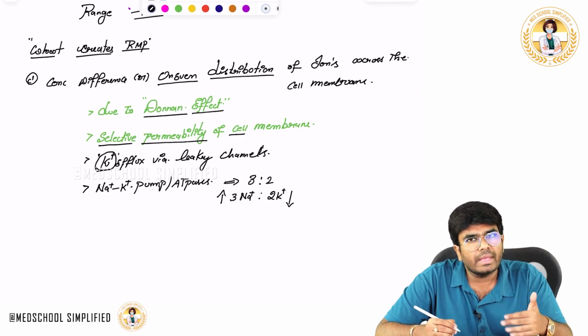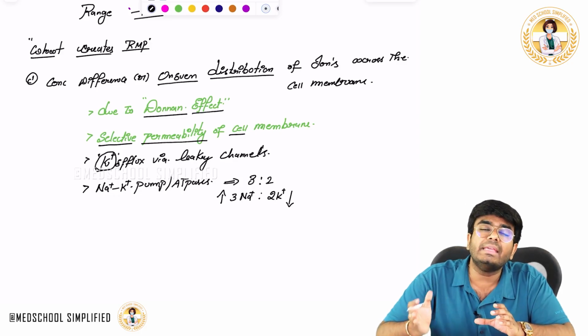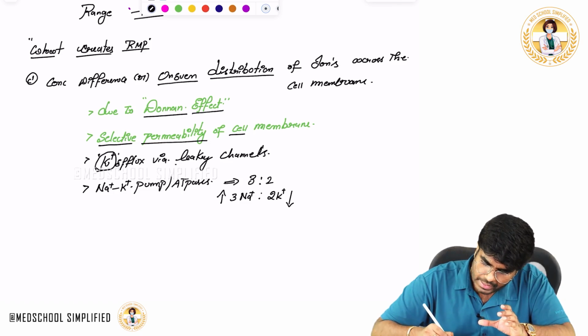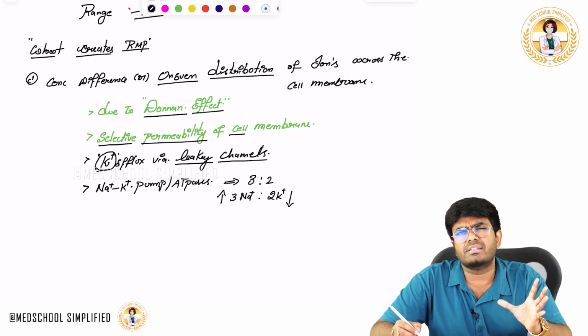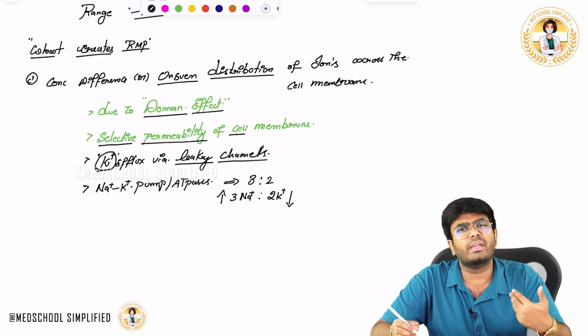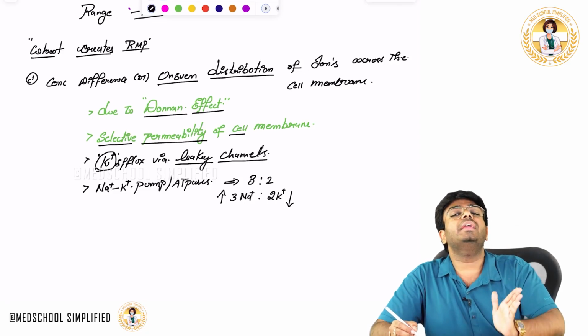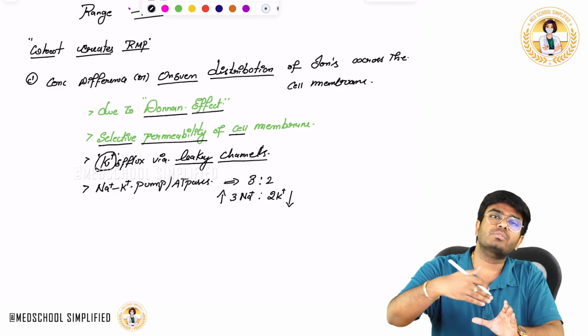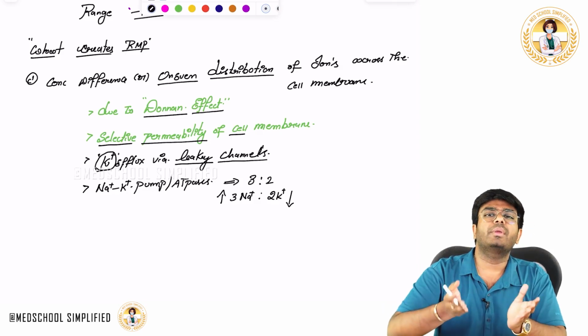So potassium always crosses the cell membrane from inside to outside. Potassium is leaking out always via the leaky channels, not the voltage gated channels. Leaky channels always allow substances to move from high concentration to low concentration. So there are potassium leaky channels on the cell membrane. Potassium is going out, positivity is going out, so the cell will become negative.